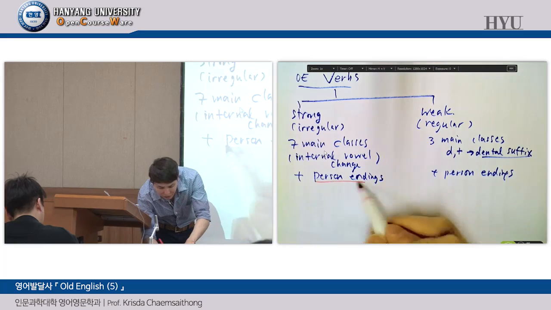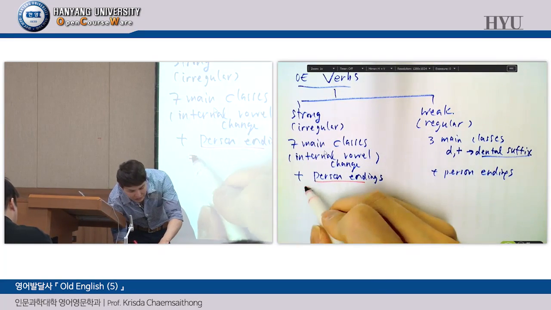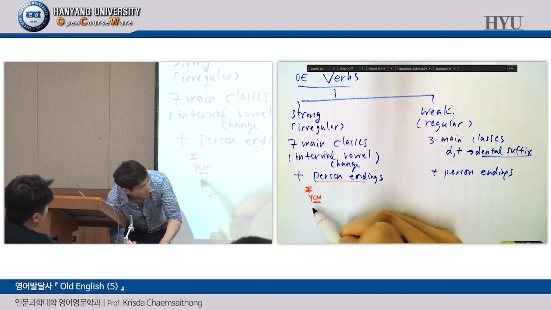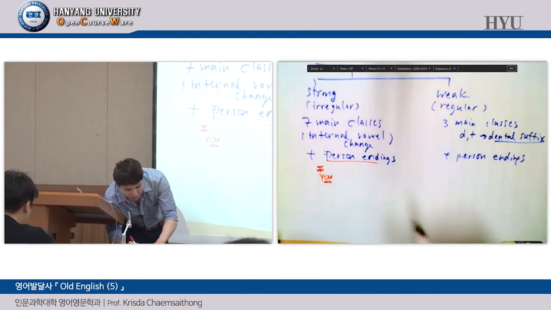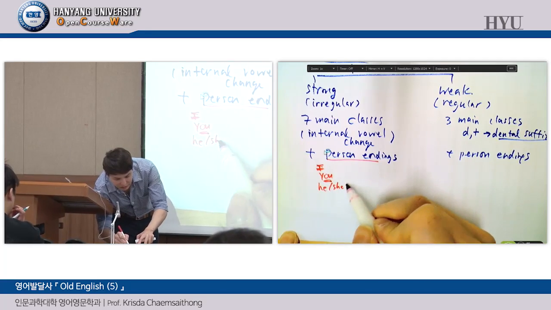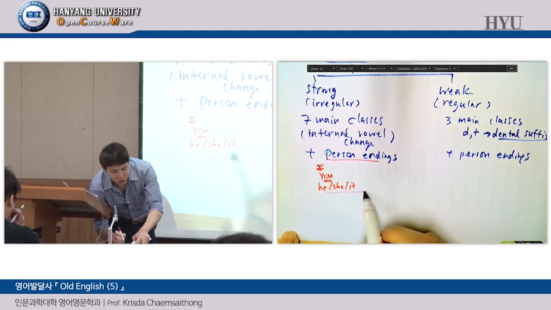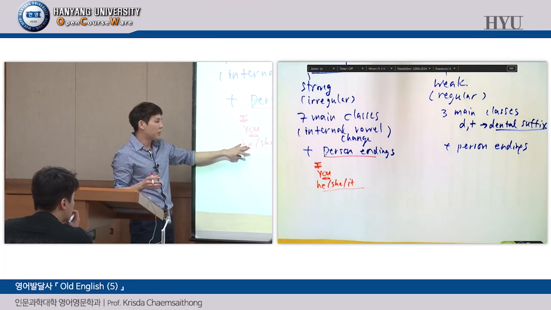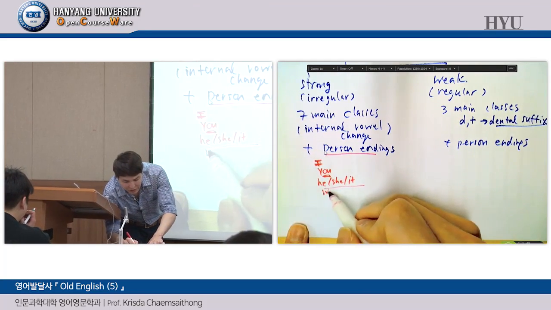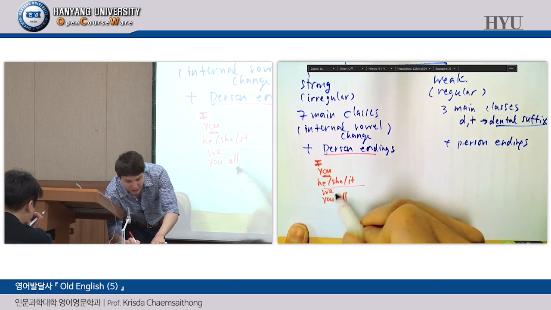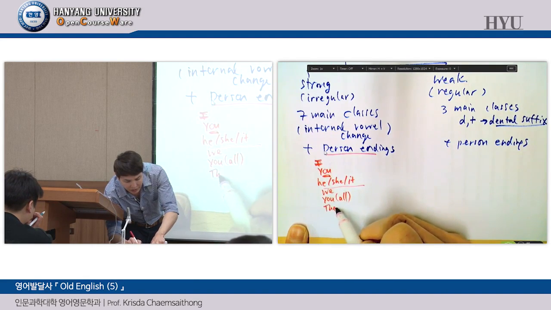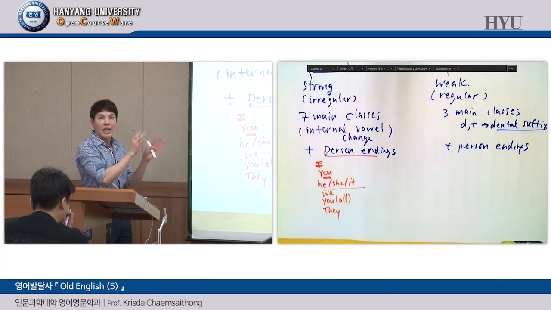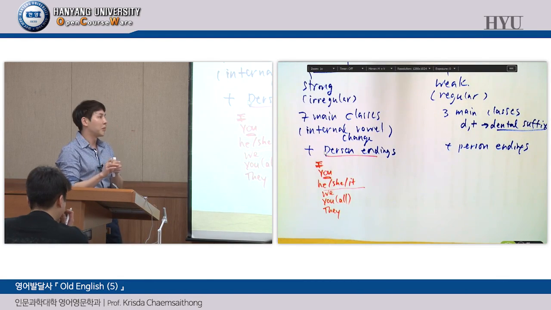So person endings include information such as I, and you, this is second person, and then he, she, it, and then other third person like David or Sukon, whatever, right? And then we have we or you all, you guys, and then they, like that. So you have to add person endings, right? For both the past tense and the present tense, remember?